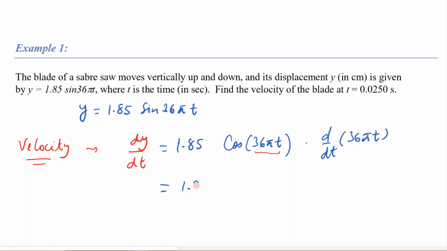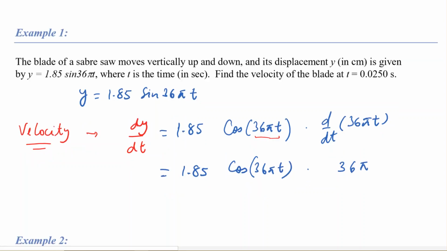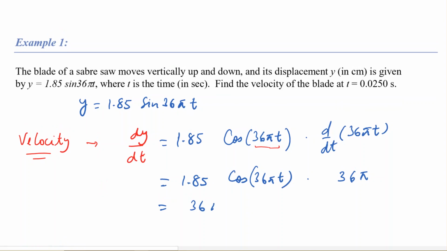So we got 1.85 cosine of 36 pi t, that's our angle, multiplied by 36 pi. So overall we get 36 pi times 1.85 times cosine of 36 pi t.